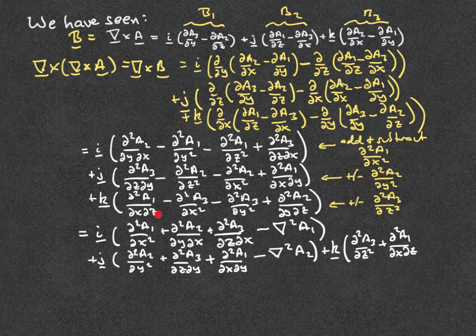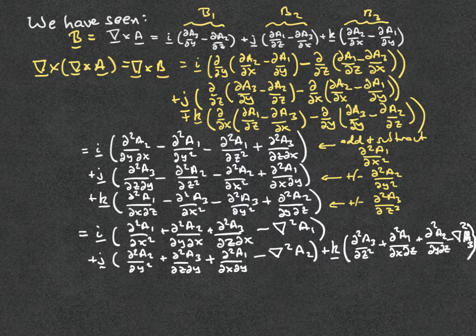That was this term, plus this term, so that's plus d2a2 dy dz minus the Laplacian acting upon a3. Close brackets. So that's an a with a 3 subscript here. You can see the a3 here, here, and here.